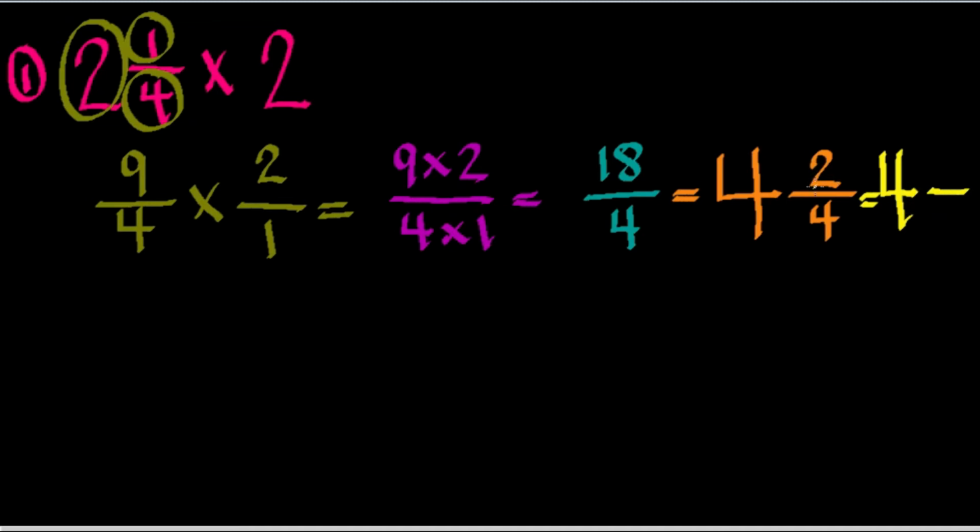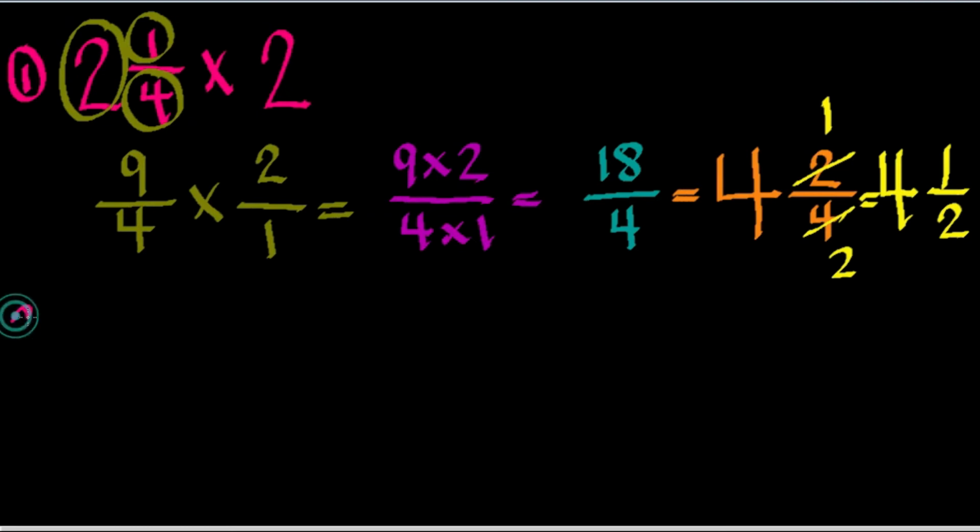How are we going to do this? Well, we are going to find common factors between 2 and 4. As you know, 2 can come into 2 once and can come into 4 twice. Therefore, our final answer would be 4 and 1/2.